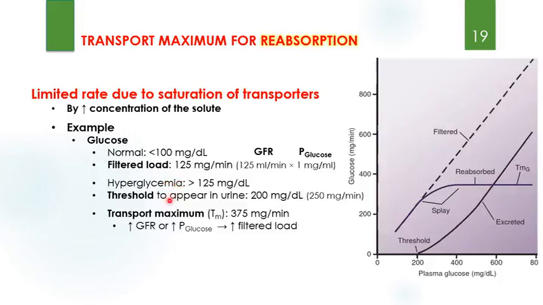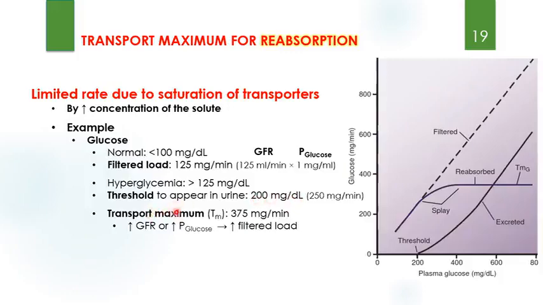The threshold for glucose to appear in urine is when the plasma glucose level reaches more than 200 milligrams per deciliter.